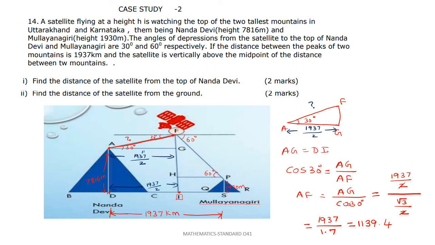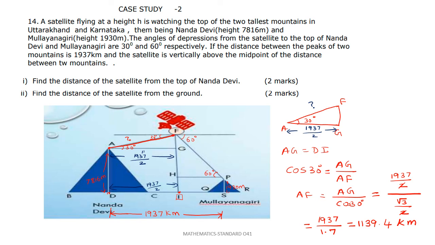So 1937 by 1.7 will give you 1139.4. So this is the distance. AF is 1139.4, and what is the unit? It's kilometer because we used 1937 kilometer for doing the calculation. So this answer is in kilometer.